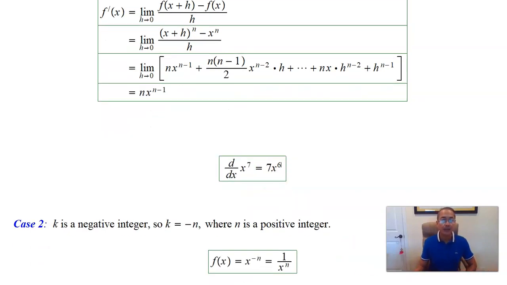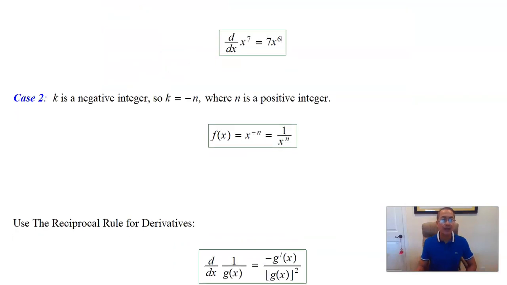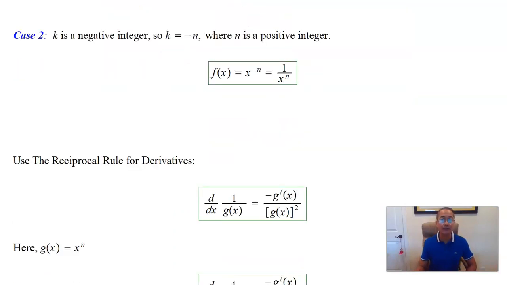Okay, so next, what happens when k is a negative integer? We can write it as k equals the negative of n, where n happens to be a positive integer. So we will write it as x to the minus n, and we can rewrite that as the reciprocal, 1 over x to the power n, where this time n is positive.